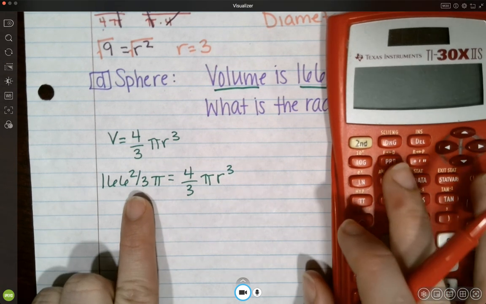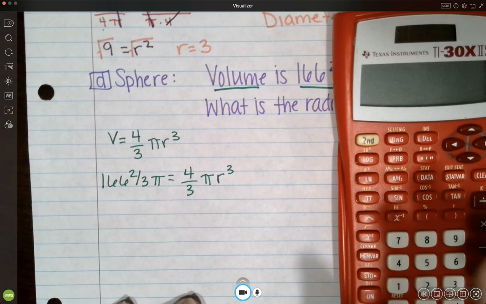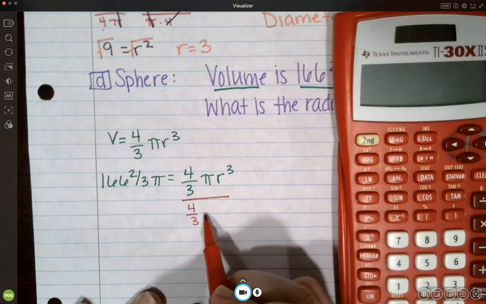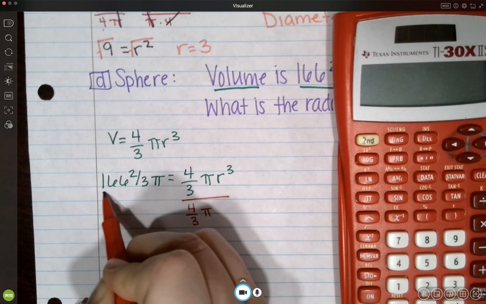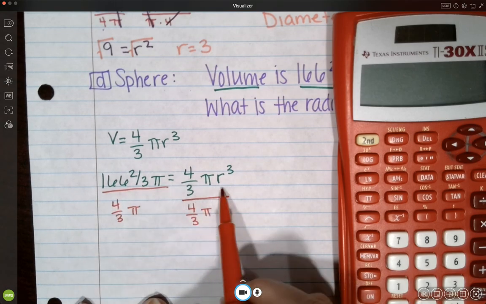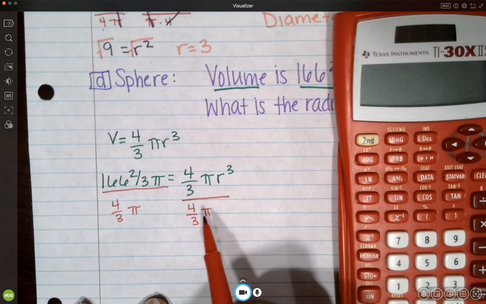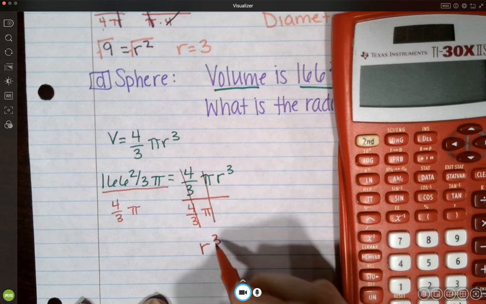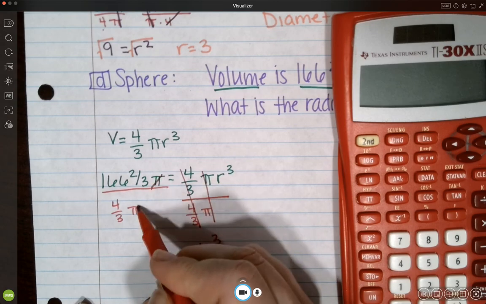So we're going to make sure we have our ABC button handy. We're going to say divided by 4/3 pi, divided by 4/3 pi. Again, we're doing this because this is multiplication. We undo by division. So these are going to cancel, leaving my r cubed. This pi is going to cancel.